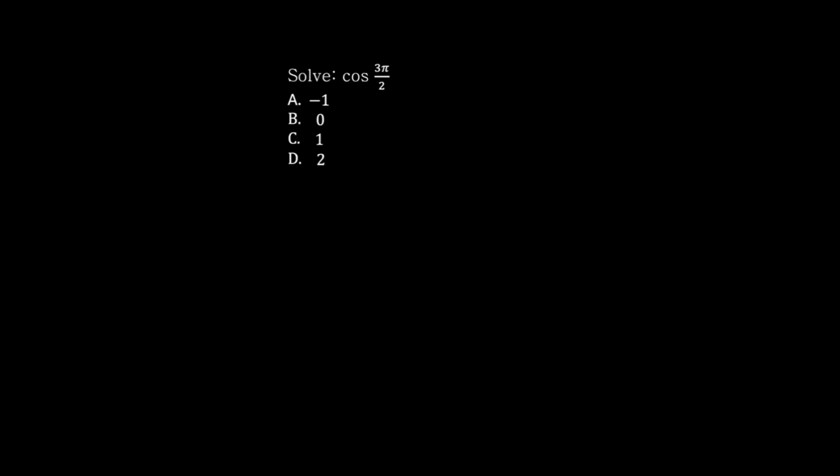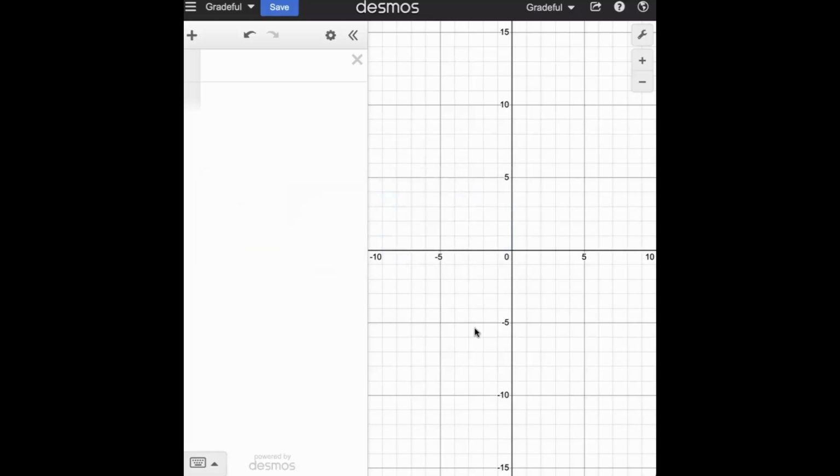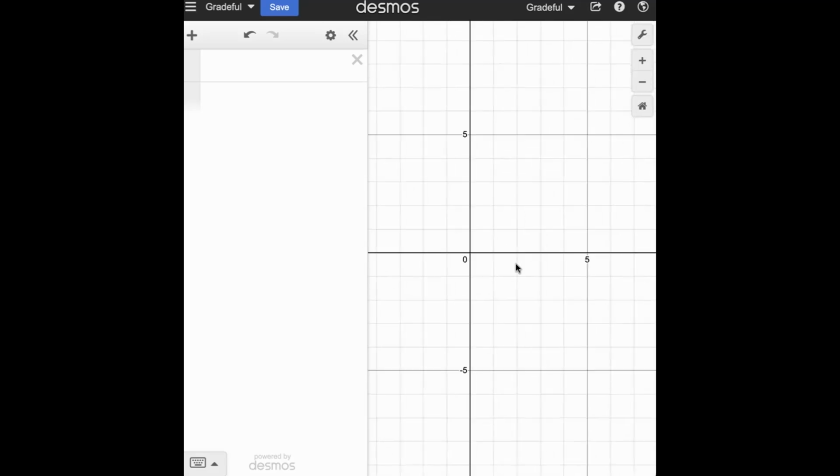Here we have a question asking us to solve for the cosine of 3 pi over 2. So let's go over to our graphing calculator. By the way, we recommend the handheld TI-84 graphing calculator for the SAT for any calculations. We recommend the online Desmos graphing calculator, which is provided to you, for graphing, because there you can zoom in and out and scroll.